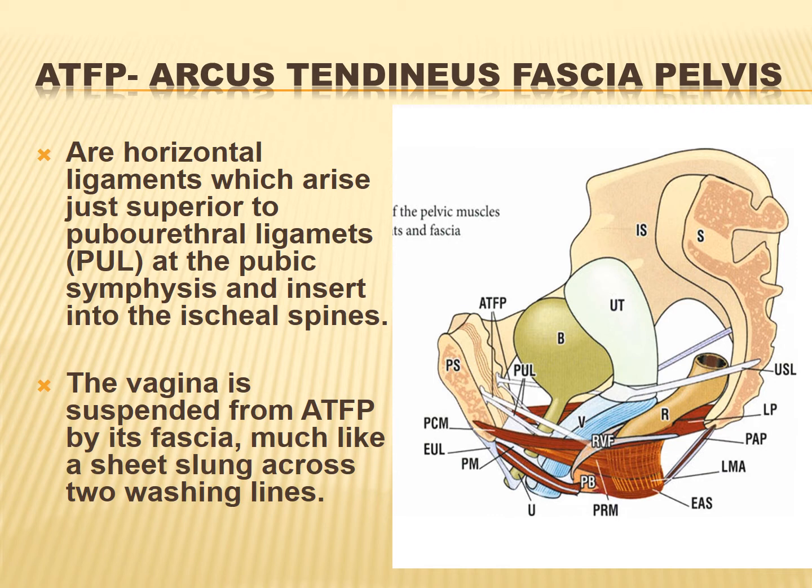What is the function of this arcus tendinous fascia pelvis? On it, the vagina is suspended much like a sheath slung across two washing lines. It means that it gives support to the vaginal walls. So this is what is important for us.